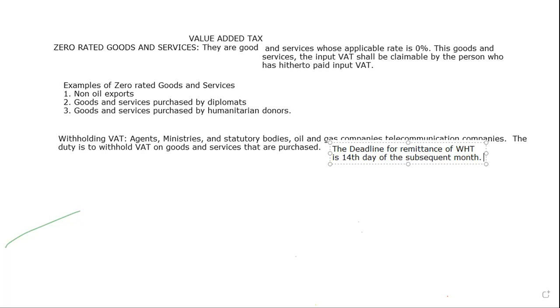When you sell to the people the government appoints, they will not pay you the total sum. They will pay you the sum minus the VAT amount. This is not withholding tax. This is WVAT, withholding value added tax, not withholding tax.